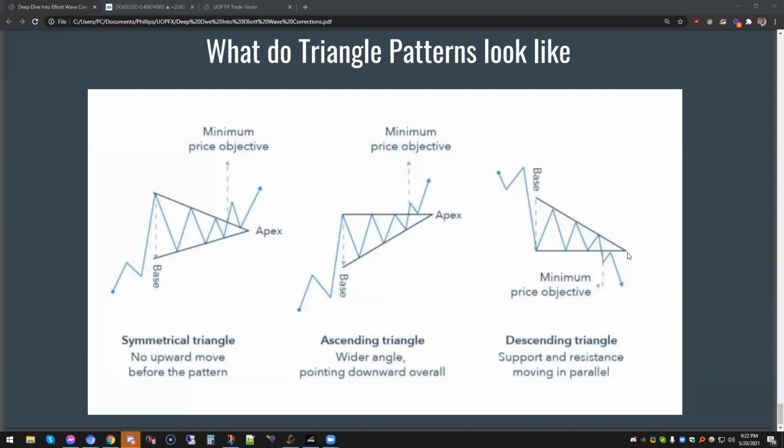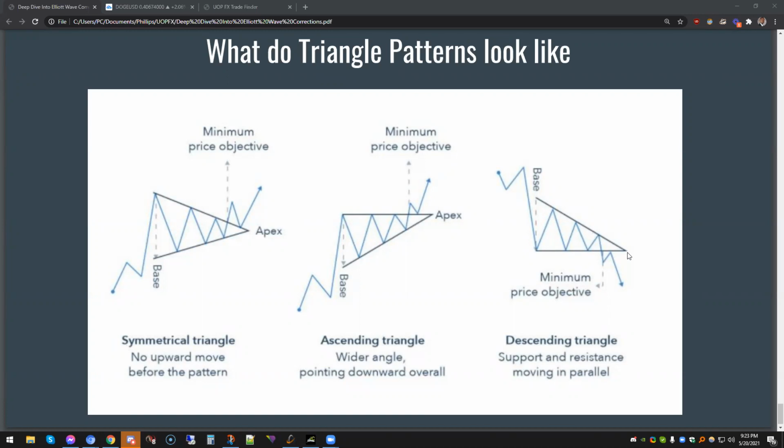If you understand pattern formation, you will start to see where support and resistance exist. Now, the traditional type of support and resistance is a little bit different, right? It is a method that can be used, but I don't find it to be as accurate as understanding support and resistance within pattern formation.